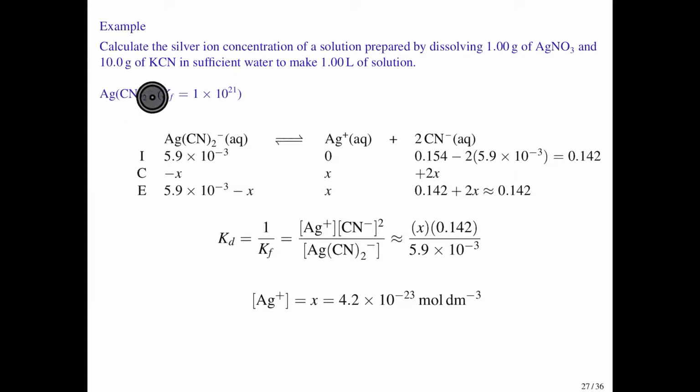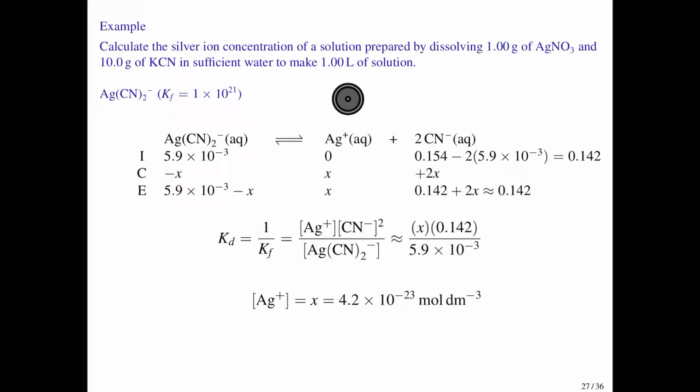So why don't we just start off assuming that's what's happened. You take the concentration of silver that you have available, and that's going to be the initial concentration of my complex ion, and then I'm going to work this as a dissociation problem to figure out how much silver I have at equilibrium.